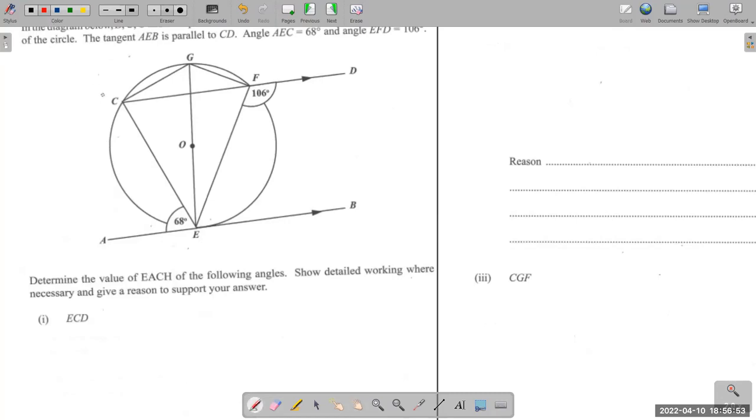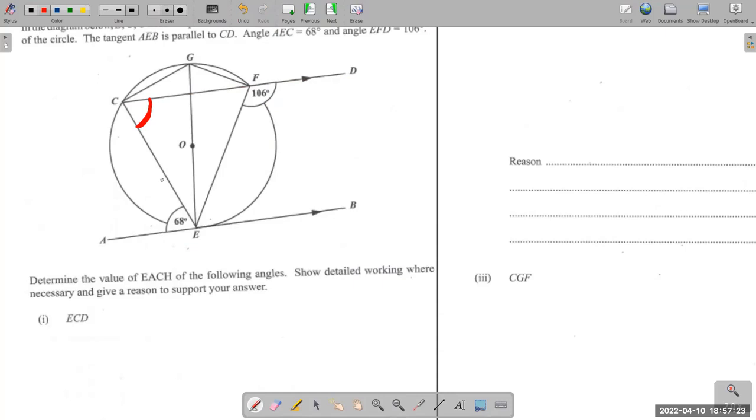ECD, follow it. ECD. CD. That means this angle in between here. Now, this question is way harder than the one before, but it isn't that hard, to be honest with you. Anybody know what that angle is? How do you find that angle?